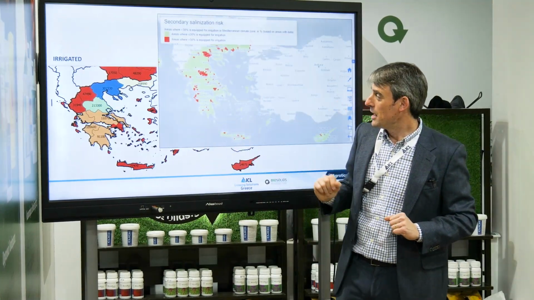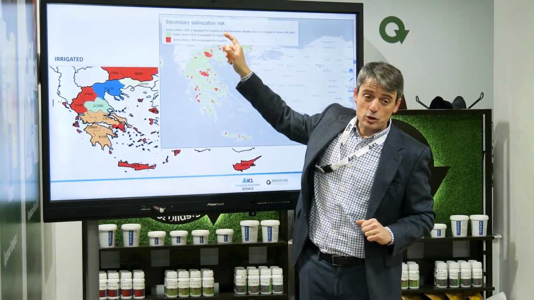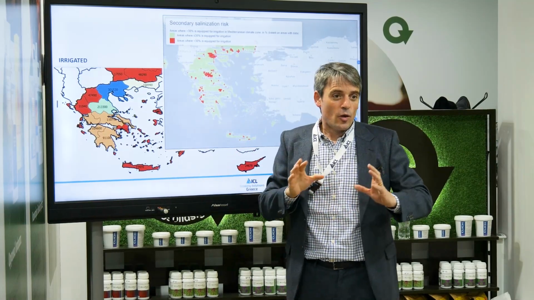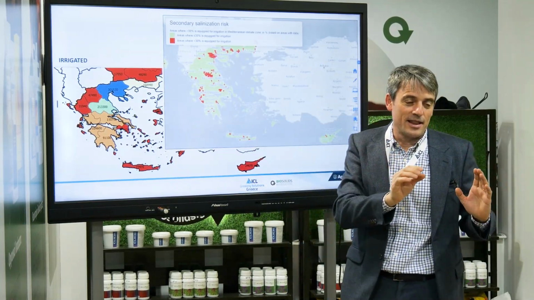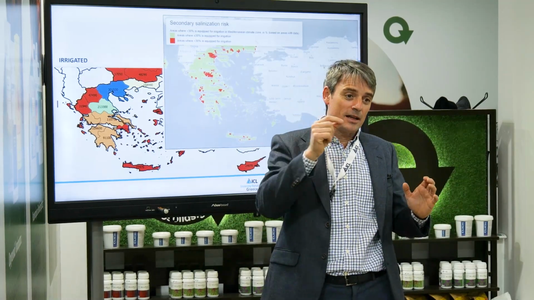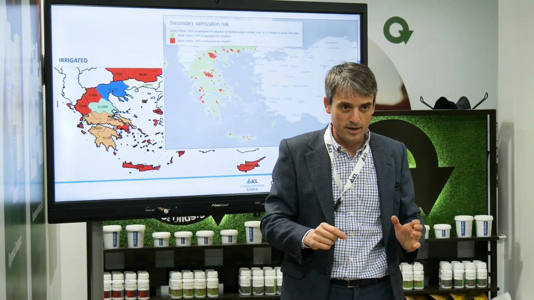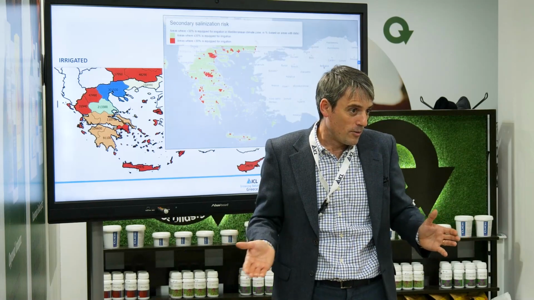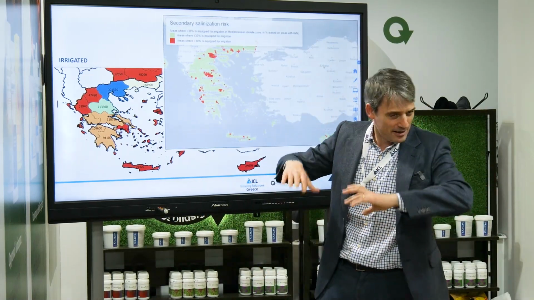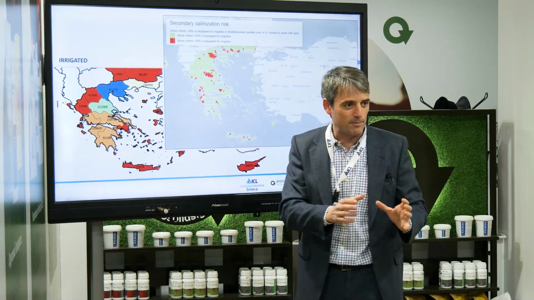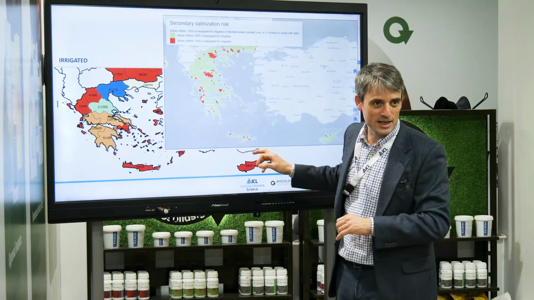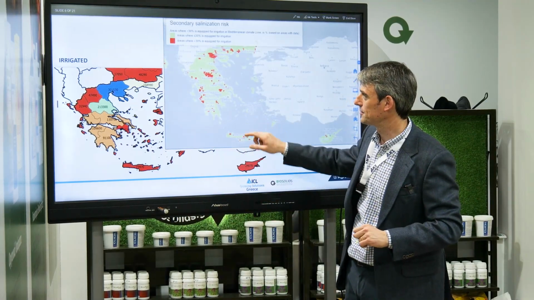When it comes to irrigation, in this soil health indicator it is assumed that any place where there is irrigation may have secondary salinization. This is not always true, because it depends on the quality of the water you are using. But it's assumed that if more than 30% of the land is irrigated, we will have a potential problem with salinization.